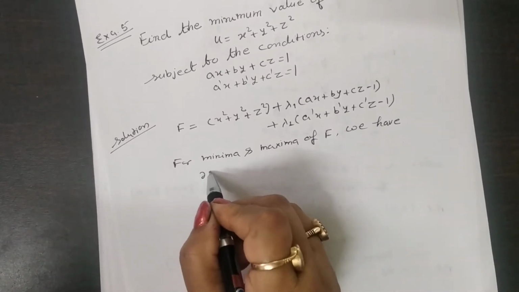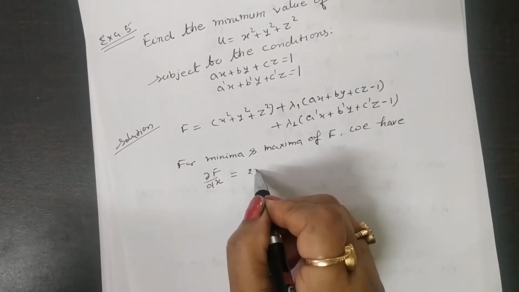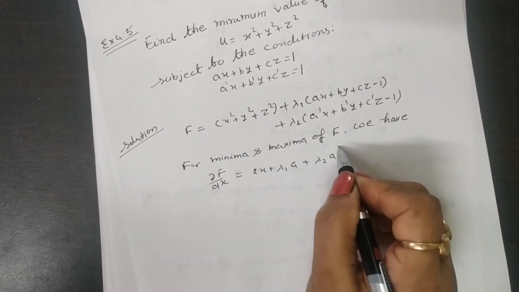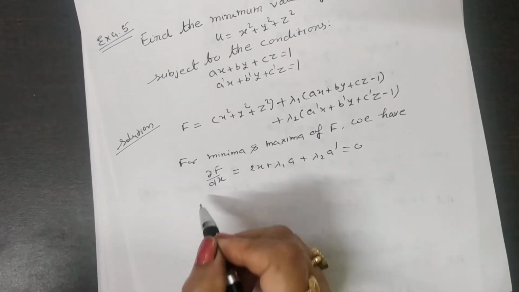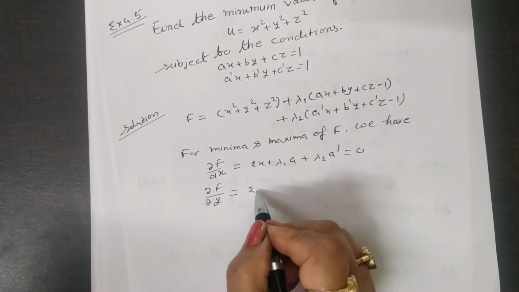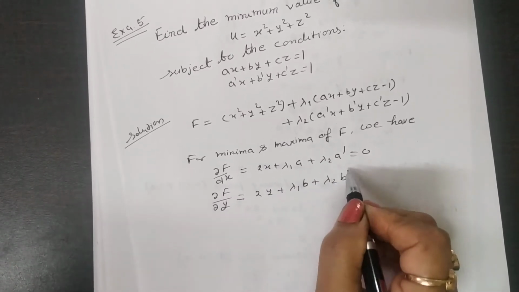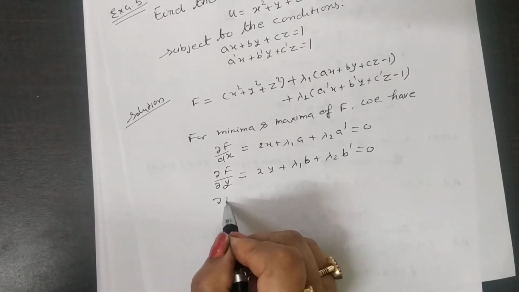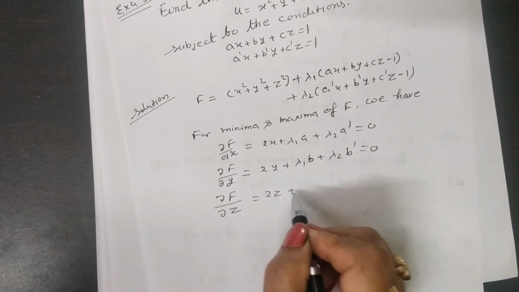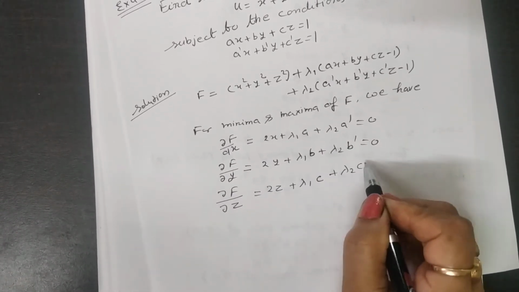del f by del x is equal to 2x plus lambda 1 a plus lambda 2 a dash, which is equal to 0, and del f by del y is equal to 2y plus lambda 1 b plus lambda 2 b dash is equal to 0, and del f by del z is equal to 2z plus lambda 1 c plus lambda 2 c dash is equal to 0.